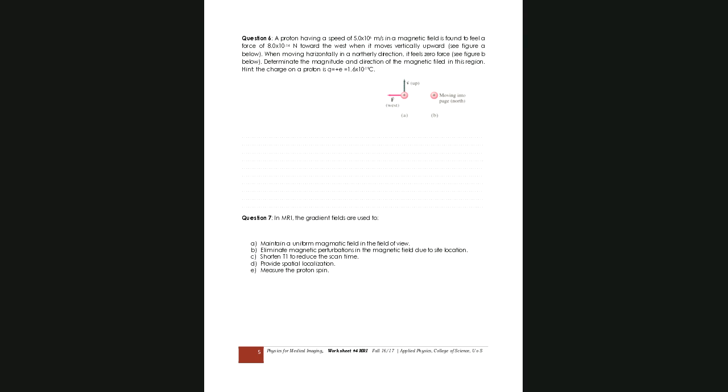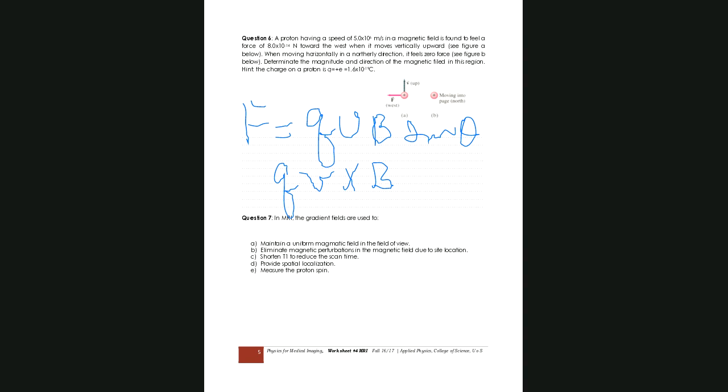I'm going to leave question number 7, because it is very easy. He gave you F. We know that F is QVB sine theta. Where did I get this from? This is Q V cross B, right? And the magnitude of the force F is simply QVB and sine of the angle between them.